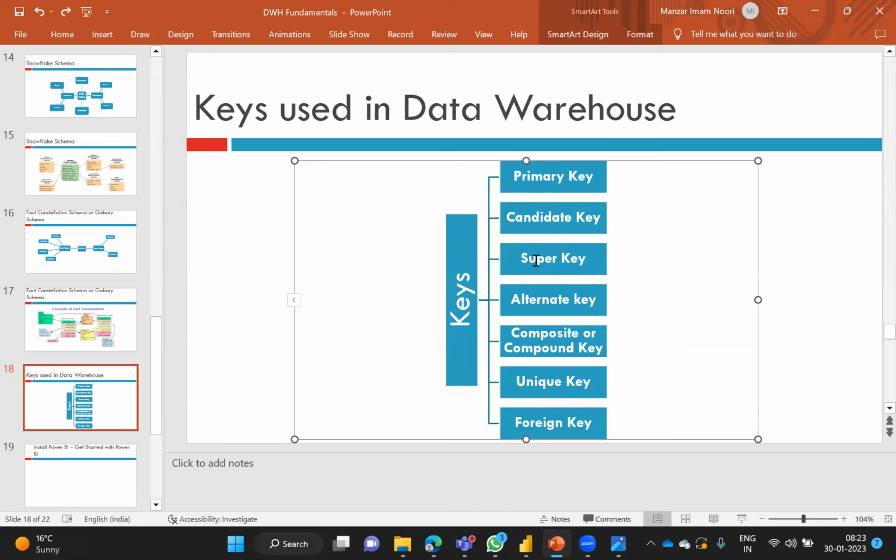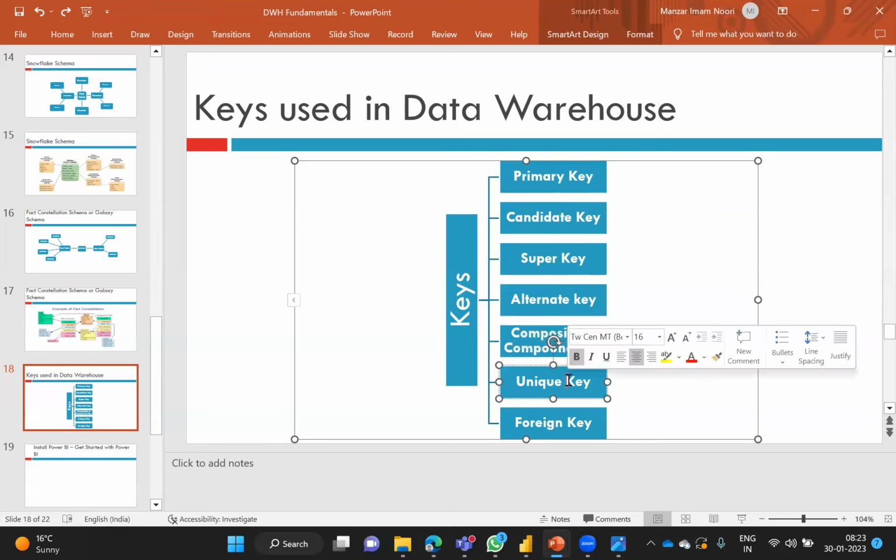Within that super key, whichever is the minimal key, with fewer columns, will be used as the candidate key. Then a composite key, or compound key, uses two or more columns to uniquely identify a row.